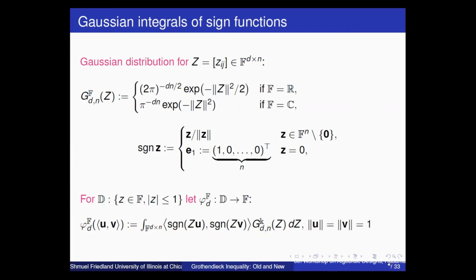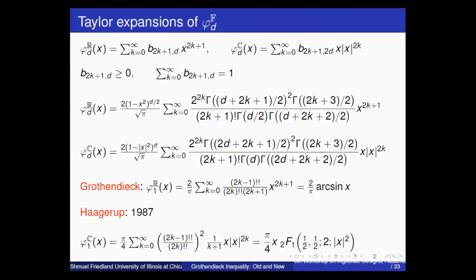It is not difficult to show that it has this expansion. For reals and for complex you have a similar expansion, but you have to be a bit careful in the complex case because of the absolute value.